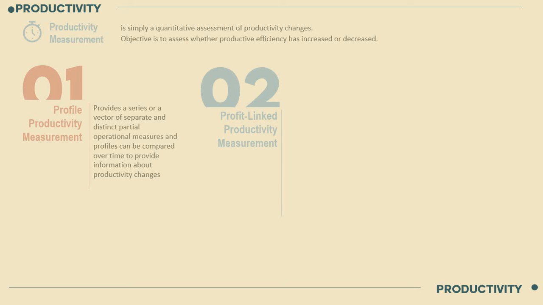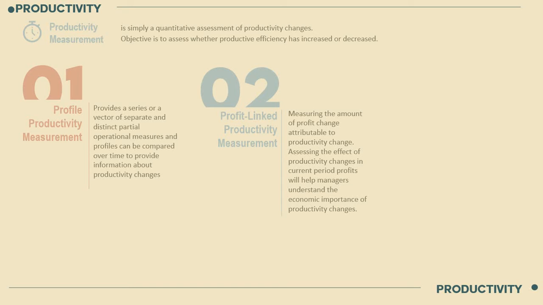And next is profit-linked productivity measurement, which is measuring the amount of profit change attributable to productivity change. Assessing the effect of productivity changes on current period profits will help managers understand the economic importance of productivity changes.